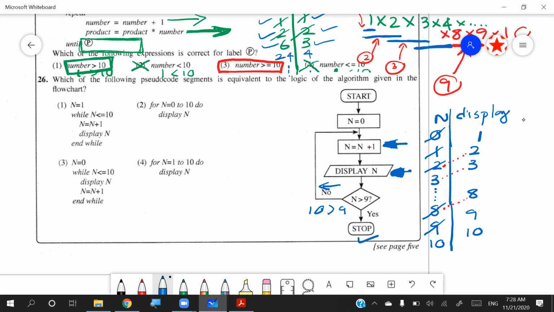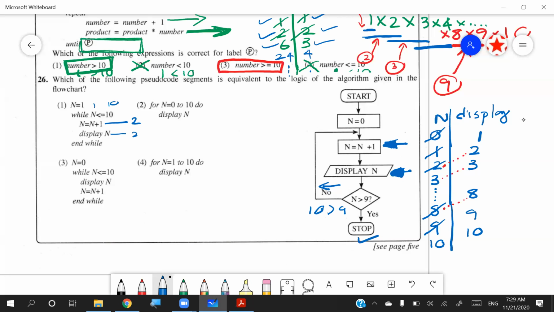So now let's quickly go through the pseudocodes. The first one says n equals 1, while n is less than or equal to 10. For the moment it is okay. 1 is less than or equal to 10. They're asking me to increase n by 1, so my n will become 2, then display n.